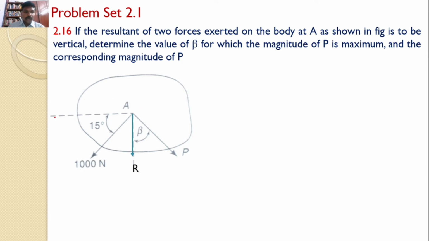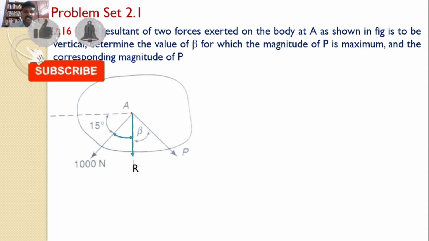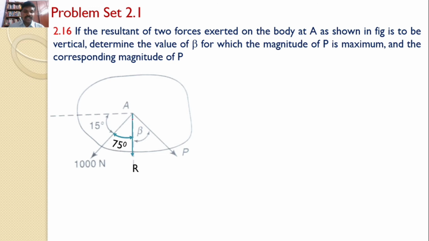Now, in this problem, this 1000 newtons force makes an angle 15 degrees with the horizontal. Hence, it makes 75 degrees with the vertical, so that these two become 90 degrees. The angle between horizontal and vertical becomes 90 degrees.